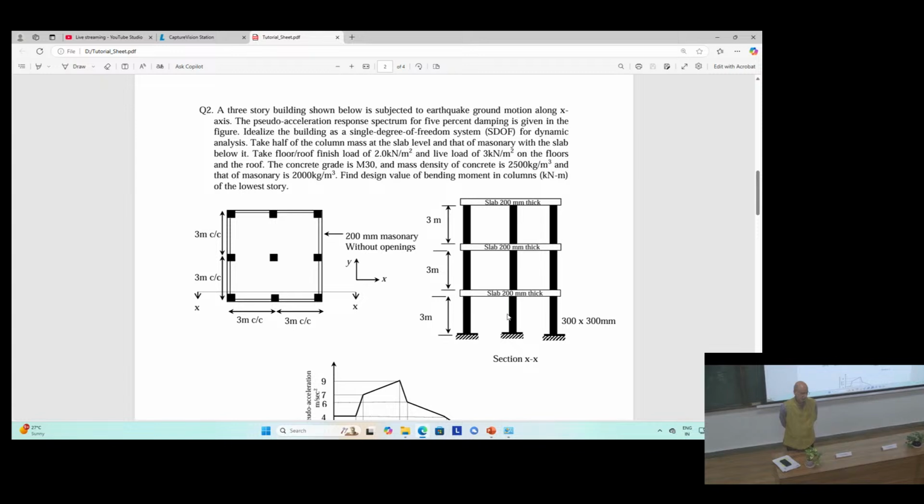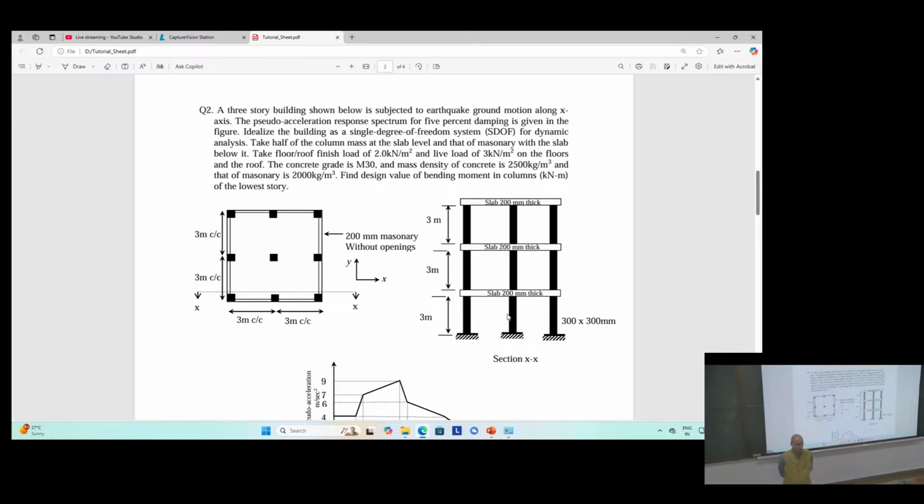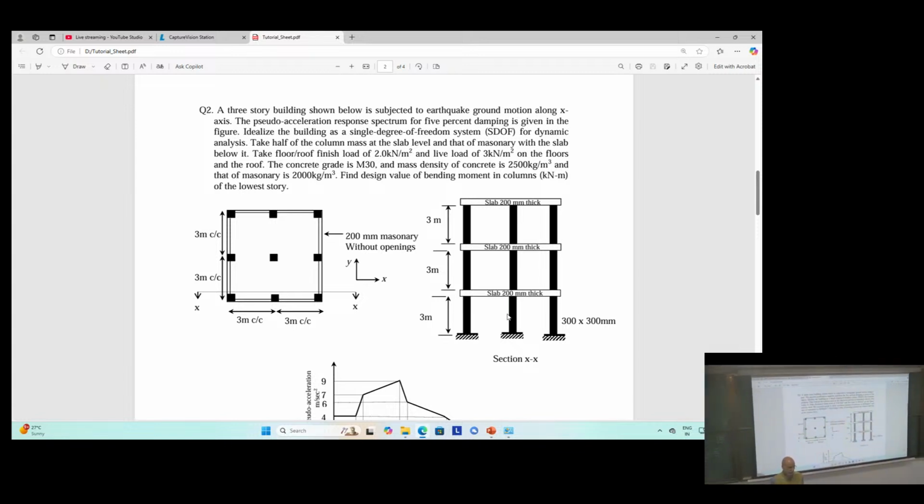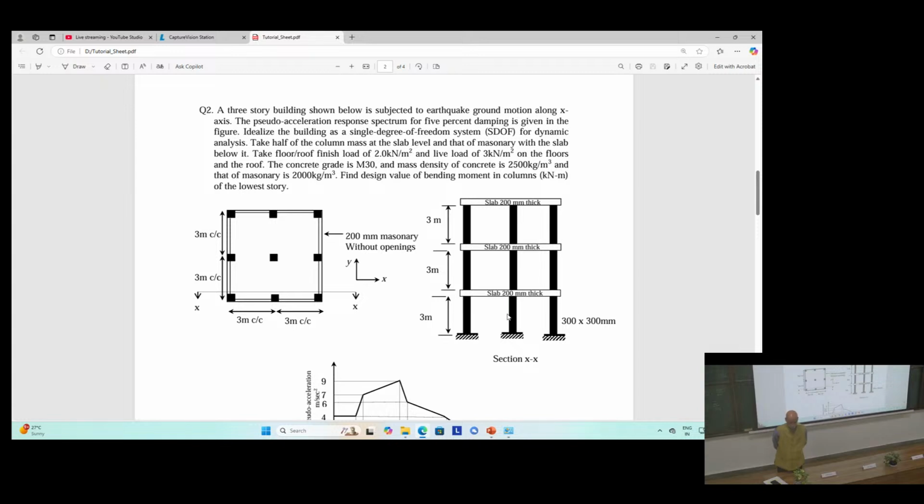To begin with, say I can apply a load as a straight line. It's one of them. So that is a linear way.